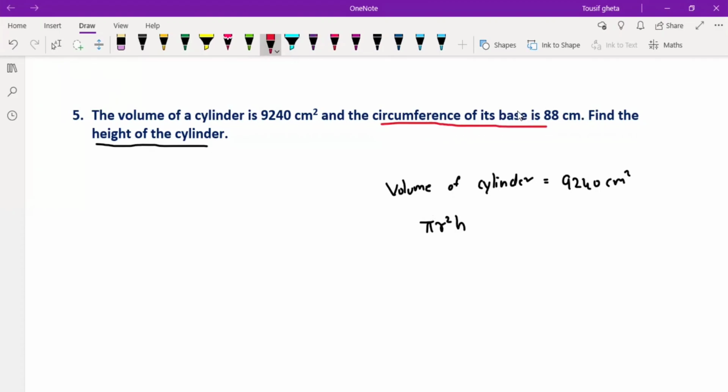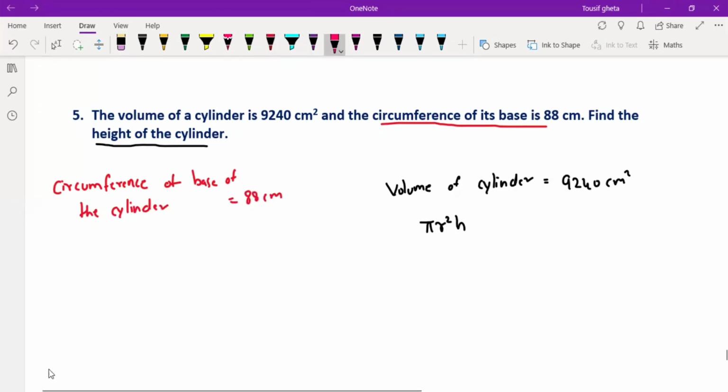We know the base of the cylinder is in the shape of a circle, so we have to apply the circumference of a circle formula. The circumference of the base of the cylinder is given, that is 88 centimeter.